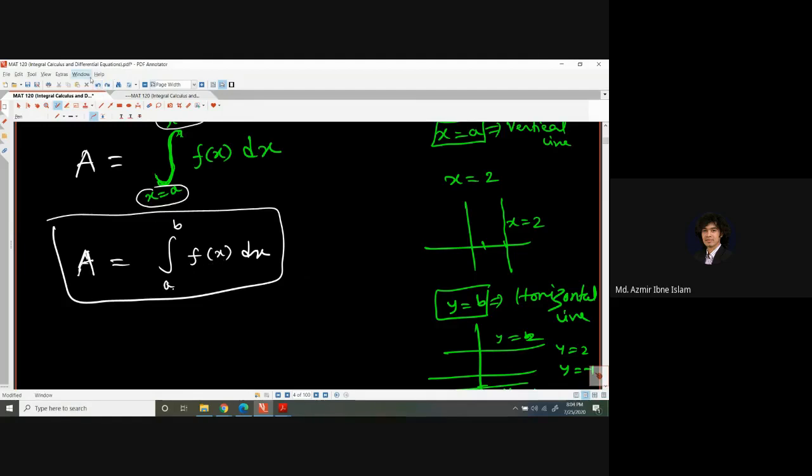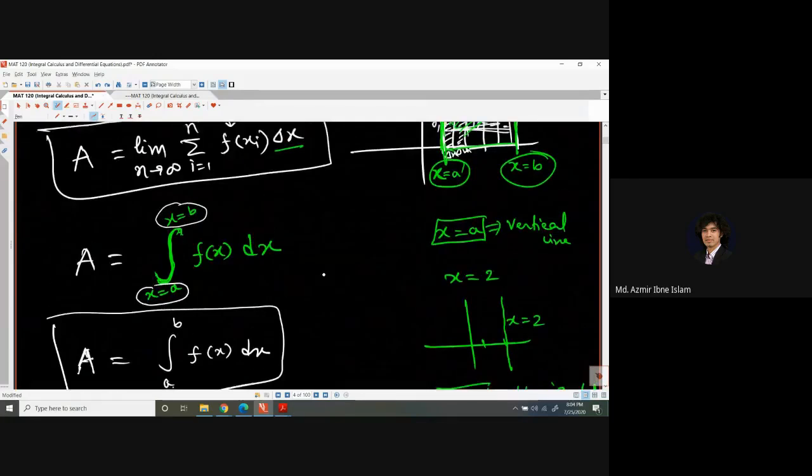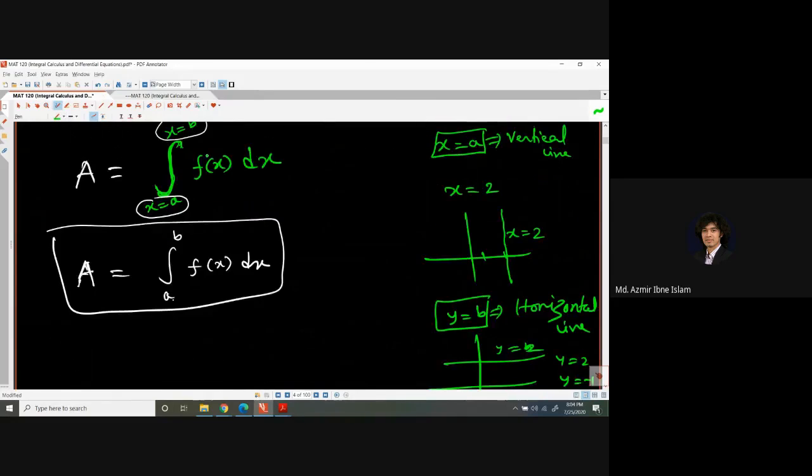So this is the theoretical part, how integral calculus evolved. You can see that this limiting concept is being replaced by this integral sign. It looks like a kind of big S, but actually now we can say this is the integral sign.